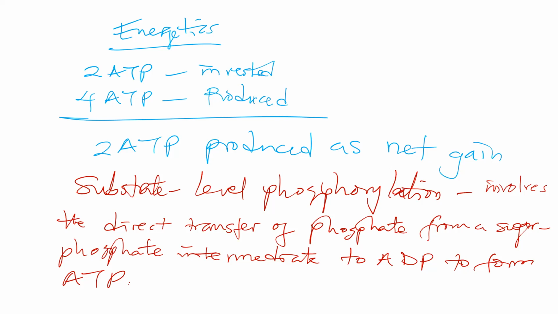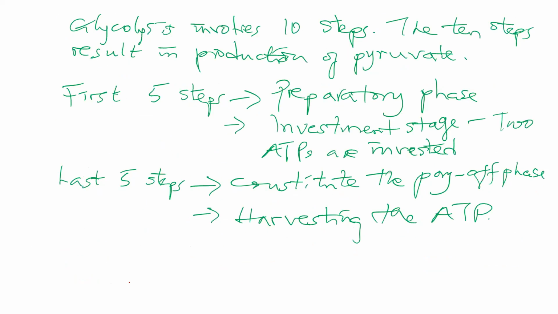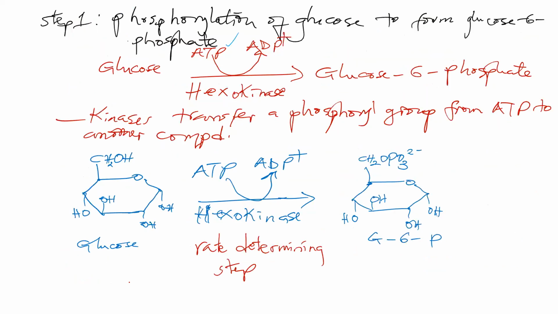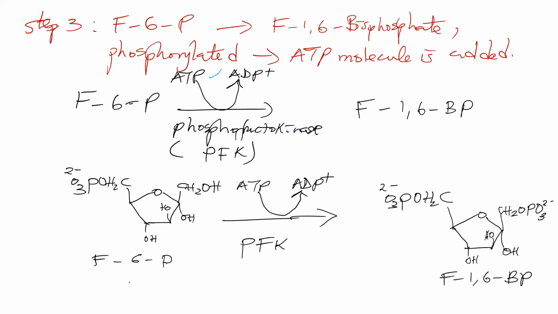The other aspect of glycolysis is basically the control of glycolysis. So quickly, I'll just run through that. The control of glycolysis is dependent on basically the three steps which are irreversible. Step number 1, if you check, is irreversible, which is catalyzed by hexokinase. Step number 3 is also irreversible, which is catalyzed by phosphofructokinase. And step number 10, which is catalyzed by pyruvate kinase.